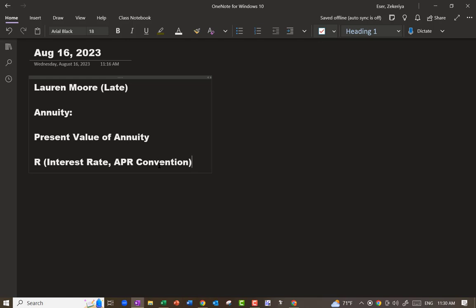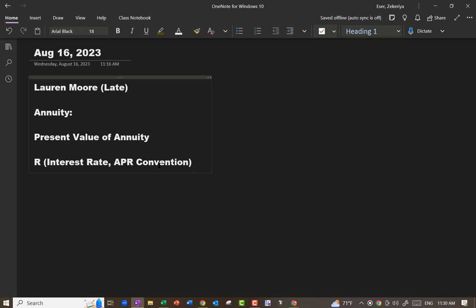For example, an APR of 12%, if payments are monthly, means every month you're paying 1% interest, okay? That is not the effective annual rate. That would be something else. I'll show you how to calculate it. It's easy to do. But interest rates by convention are quoted as APRs.